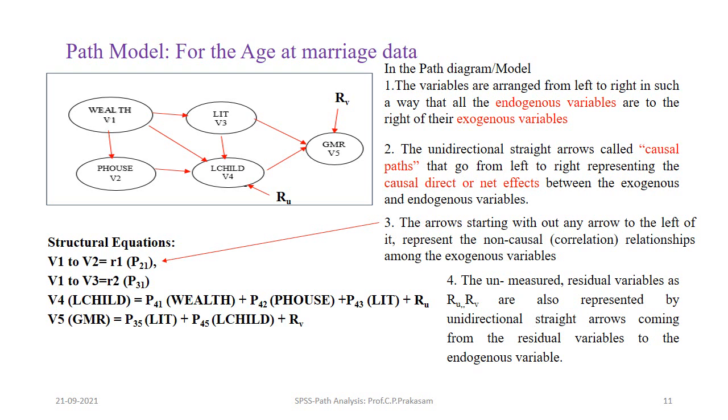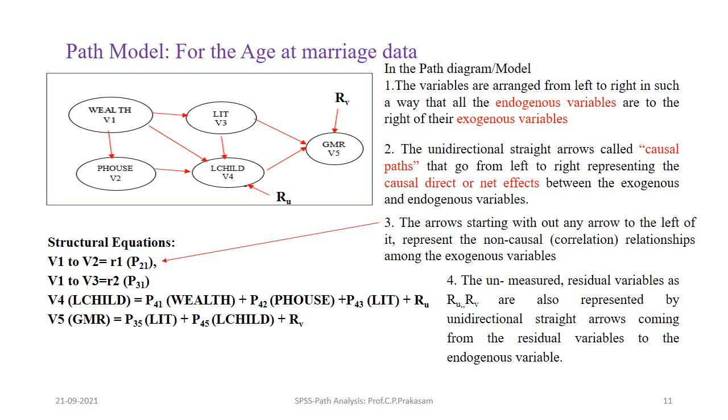In the path diagram model, the variables are arranged from left to right in such a way that endogenous variables are to the right of the exogenous variables. We have discussed the endogenous and exogenous variables. The unidirectional straight arrow is called a causal path.